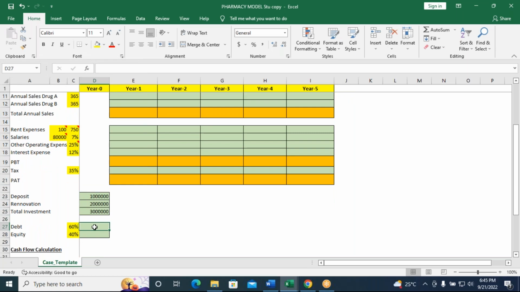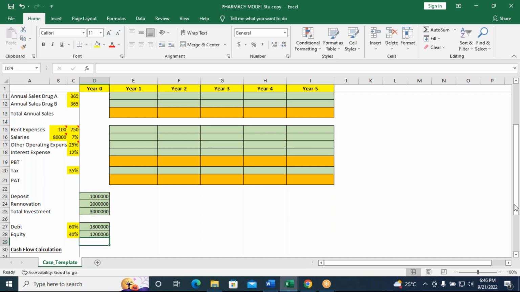So now, how much will I take as the debt amount? It is already said that out of 100%, 60% will be the debt amount. So I'll take the total investment into 60%. So it is 1 crore 80 lakh rupees. That is the debt, and the equity is equal to total investment into 40%.